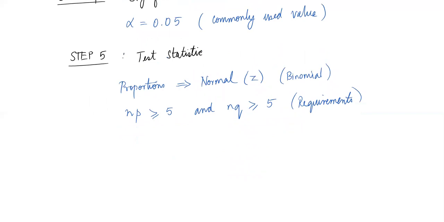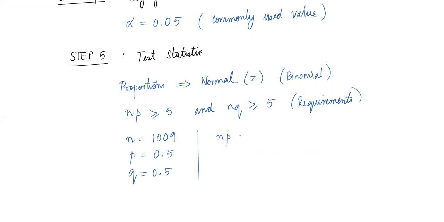Okay, so quickly identify your N. N is 1009. P is 0.5, and Q also is 0.5. Remember, P is 0.5; P hat would have been 0.54.